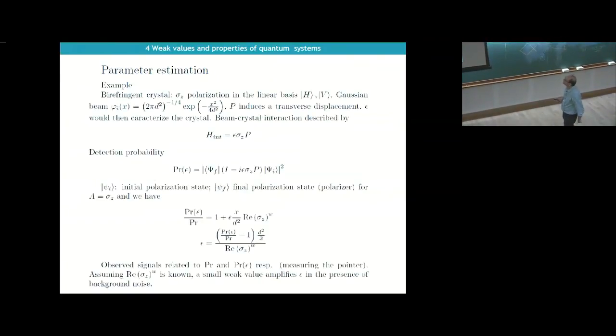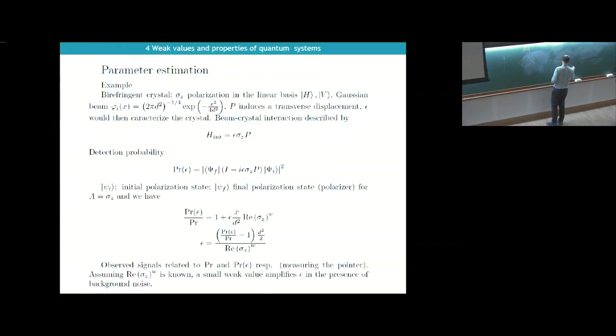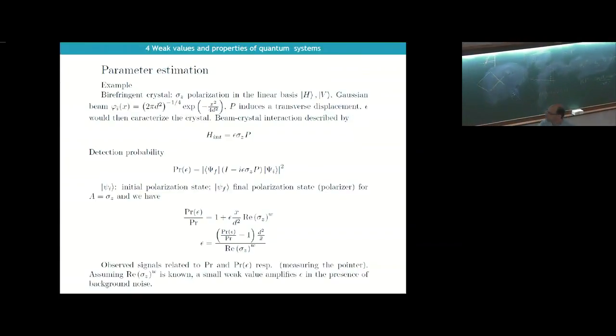So if you have a Gaussian beam, then this would characterize the interaction between the crystal and the beam. So this is again the polarization which I wrote earlier. And this would be the detection probability, assuming epsilon is small.